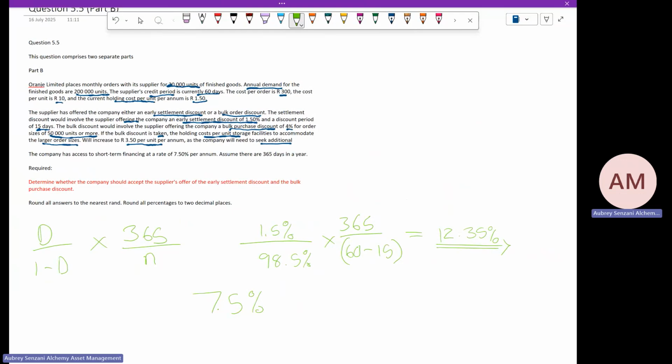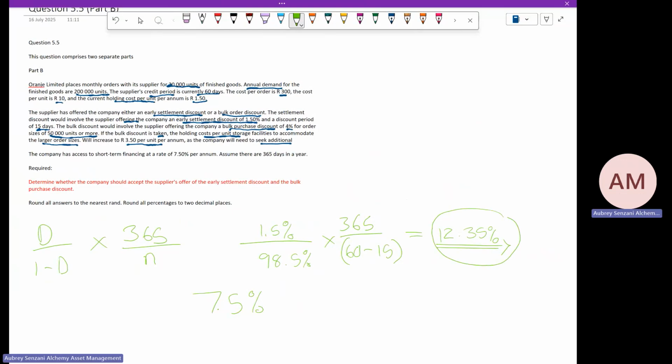Somebody read in the back of our textbook. What do they say? Part B, early settlement discount, that very first paragraph. What are they saying? Remember, early settlement discount means we get our goods for less. So we are getting a discount of this amount on our goods if we take advantage of it.